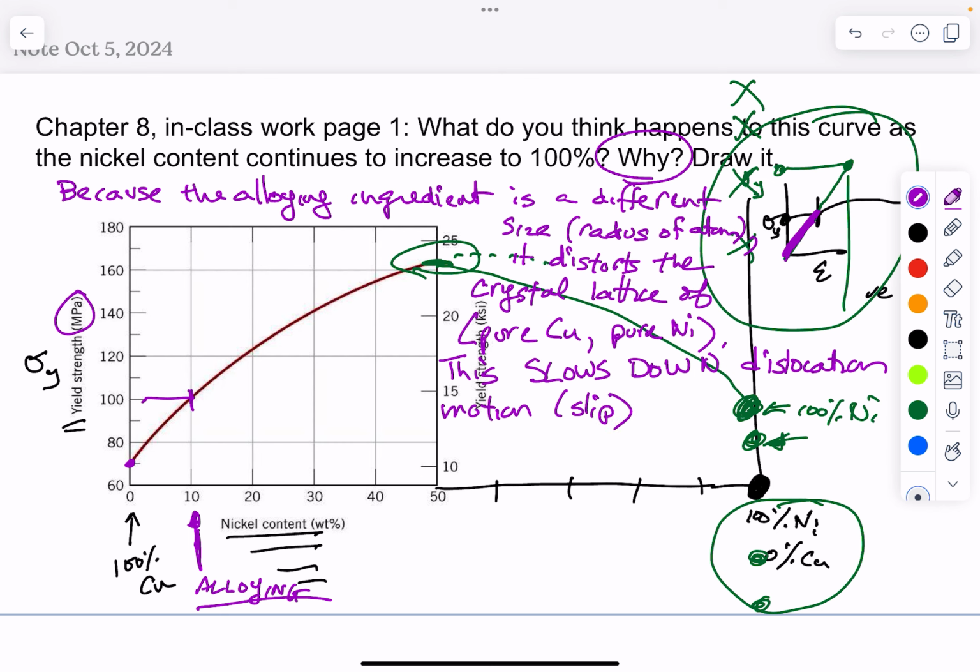It slows dislocations down. This is why alloying strengthens a metal. All right, let's end it here.